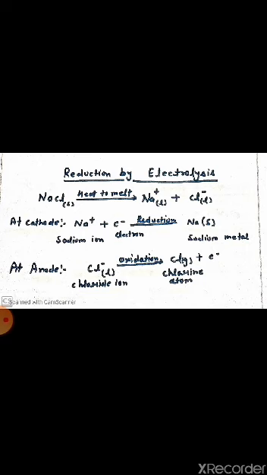When electricity passes through the melt, sodium ions go to the cathode while chloride ions go to the anode. At the cathode, sodium ion gains an electron and hence is reduced to a sodium atom, while chloride ion loses an electron at the anode and hence gets oxidized to a chlorine atom. These chlorine atoms then react with each other to produce chlorine gas.